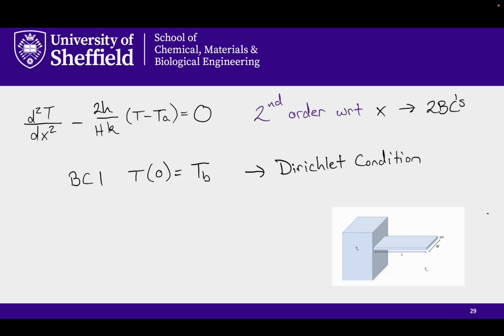Our second condition is going to be a little more difficult to understand. If we look at the geometry of the problem, we're considering unidirectional heat flux through the fin in the x direction. Yes, there's convection coming off the surface of the fin, which is not going to be in that x direction, but we've kind of pseudo-unidirectionalized it by the way we've written Newton's law of cooling.